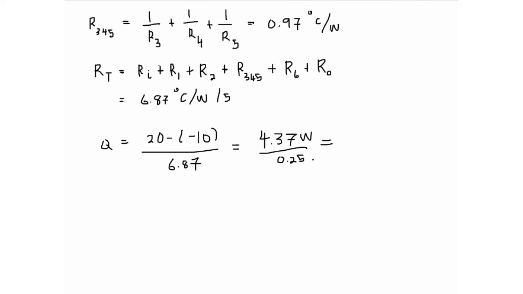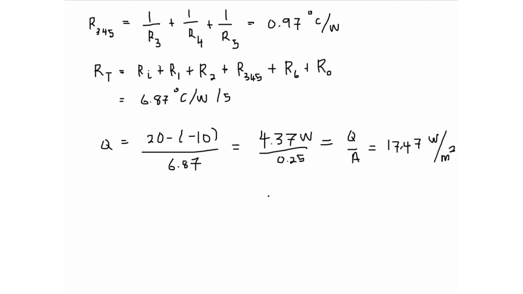So you're gonna get Q over A. Okay. Q over the area. So 4.27 divided by 0.25 becomes 17.47 watt per meter squared. Okay, so now you get 17.47 watt per meter squared.